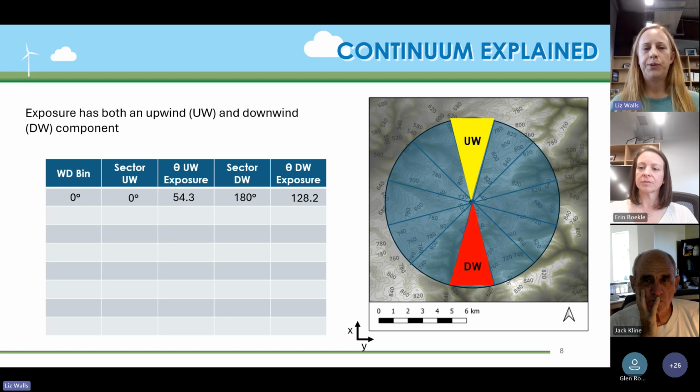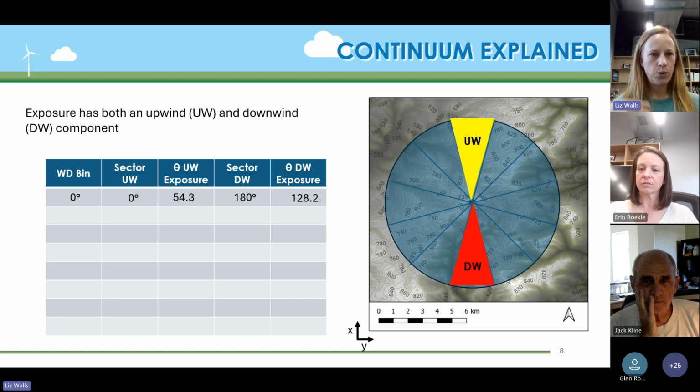In this example, the upwind exposure in this sector is 54.3 meters. So on average, the site of interest, the representative turbine, is approximately 54 meters higher than the terrain in the north. Meanwhile, the downwind sector is in the opposite direction, 180 degrees from that, so it's from the south.